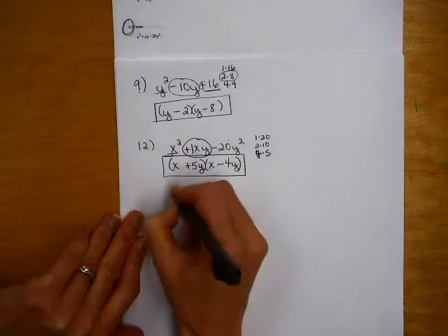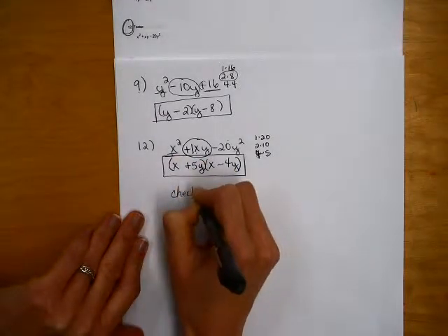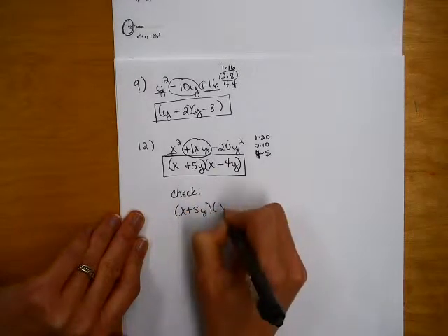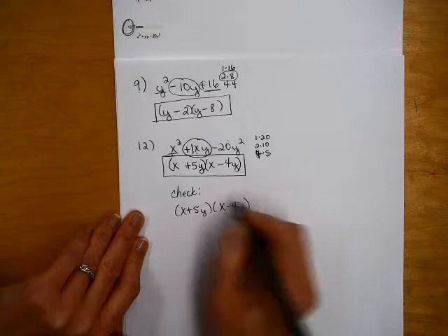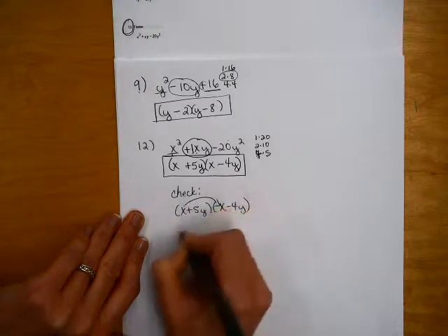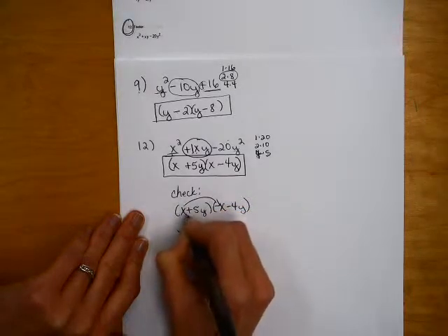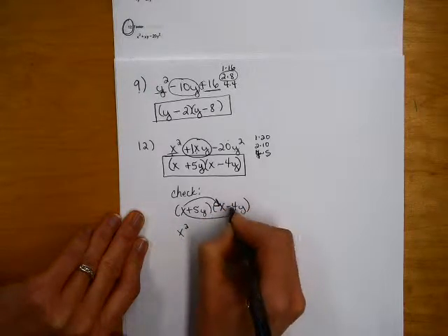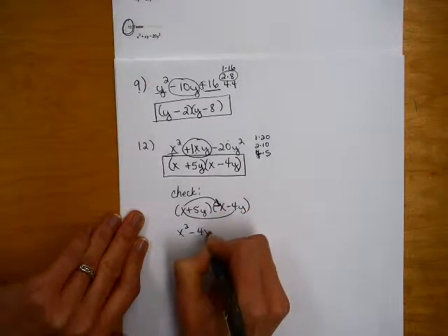And so if I check this one, just to show you why it works this way, remember you can check all of your factoring by using FOIL. First times first, x times x is x squared. Outer times outer, x times negative 4y is minus 4xy.